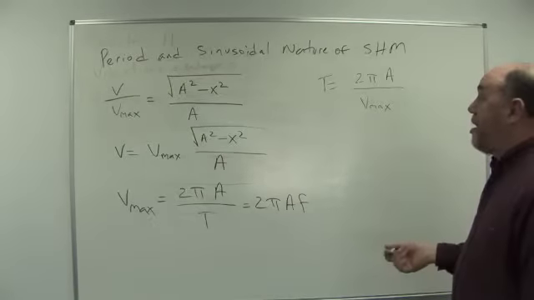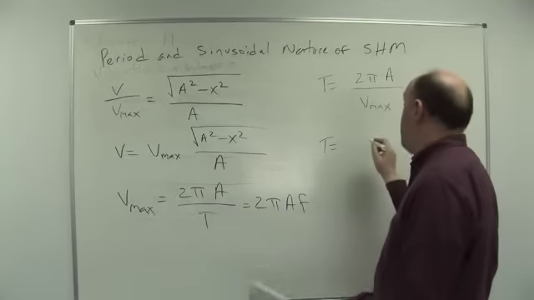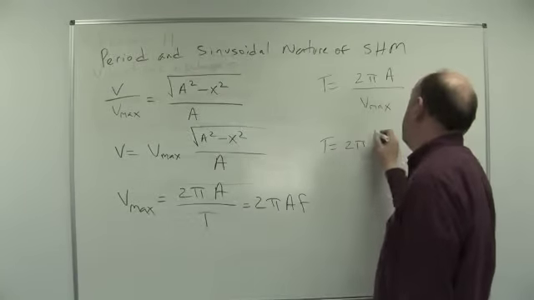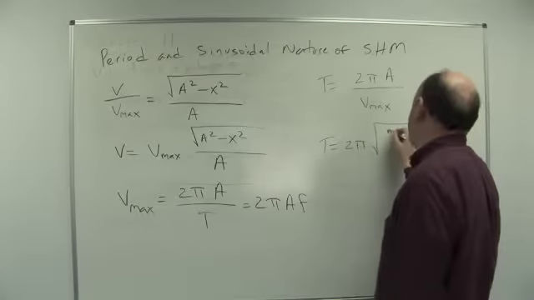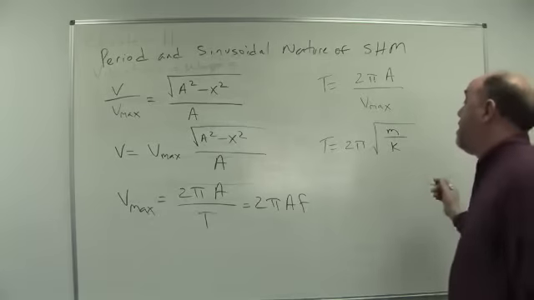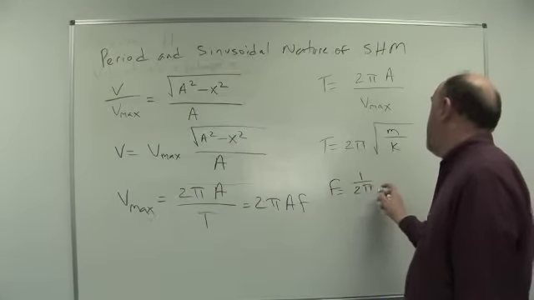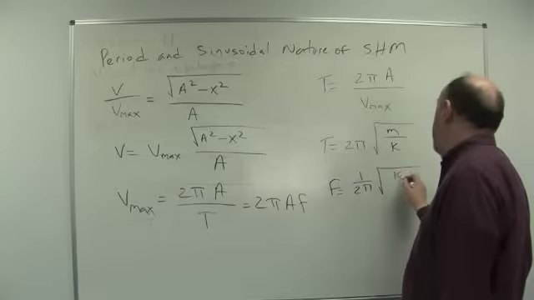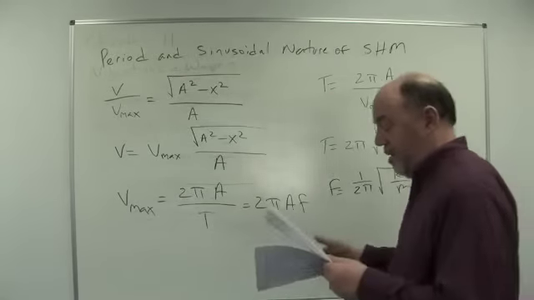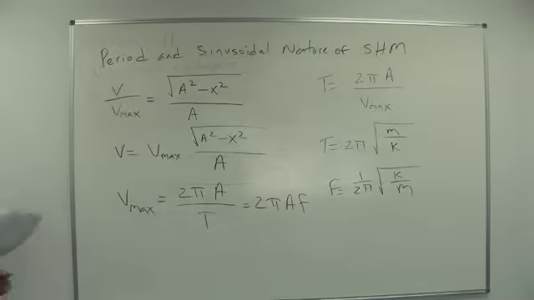And then in terms of this block on a spring, we can also rewrite this so that the period will be given by 2 pi times the square root of the mass of the block, m, divided by K. And so the frequency, which is just the reciprocal, is 1 over 2 pi times the square root of K over M. So we can find the period, we can find the frequency, and we can find the velocity of the block by going through this.